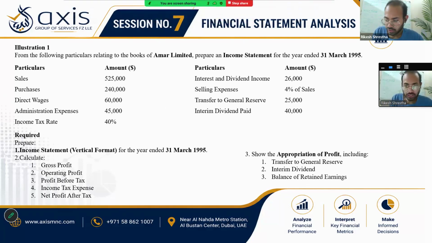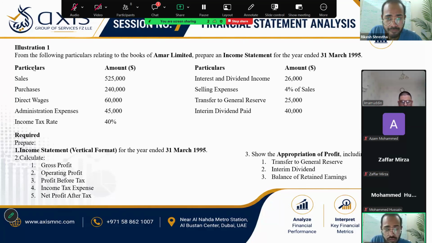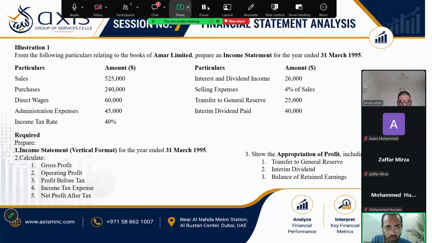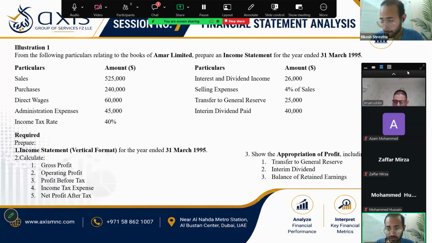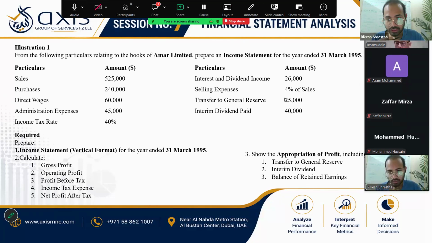The closing retained earnings is 46,000. What happened, Rikesh? Closing retained earnings 46,000. You got 46,000? Closing retained earnings.